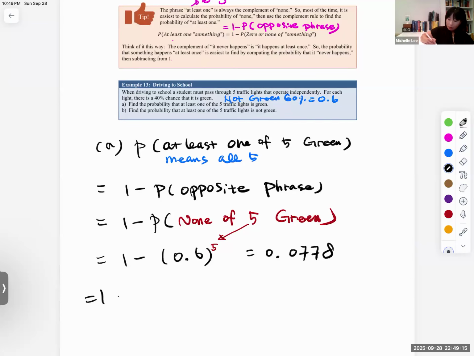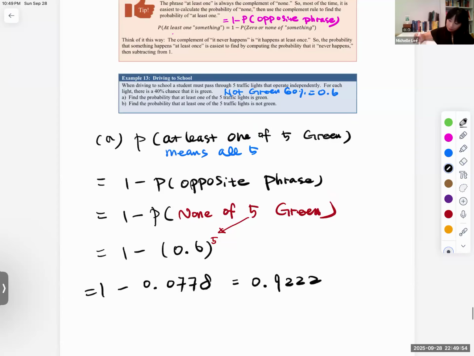Hold on, 1 minus, because this one is from the previous question, then we get 0.9222. Make sense? Okay, let us do the second part.